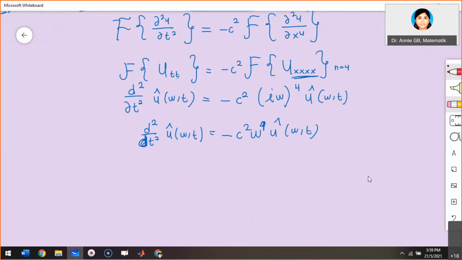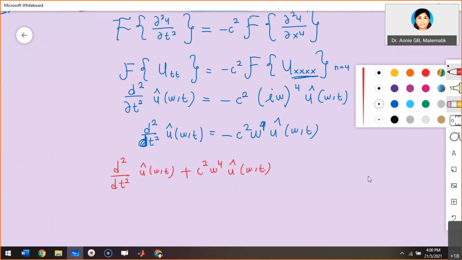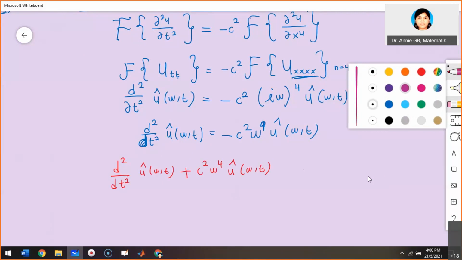Okay, so what we see here, yang ini, kalau saya nak simplify dia, this is actually my second order ODE. Siapa agaknya nampak dia macam second order? Okay, saya tulis balik d squared over dt squared u hat omega t plus c squared, ni bawa ke sebelah kiri, omega to the 4 u hat omega t. Okay, kalau misalnya u hat ni adalah y, kan?